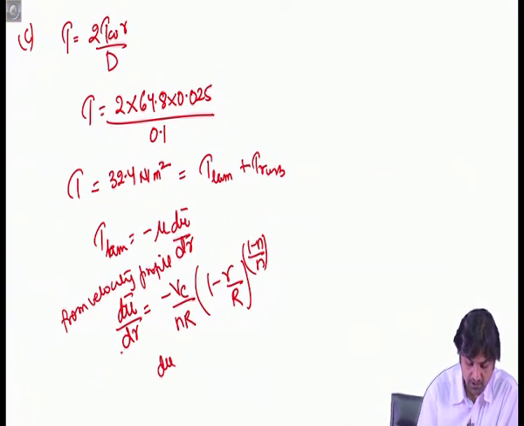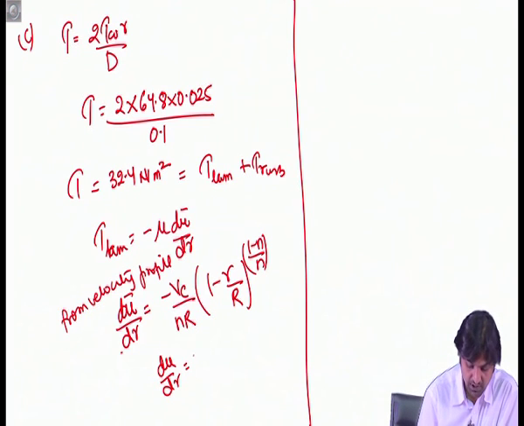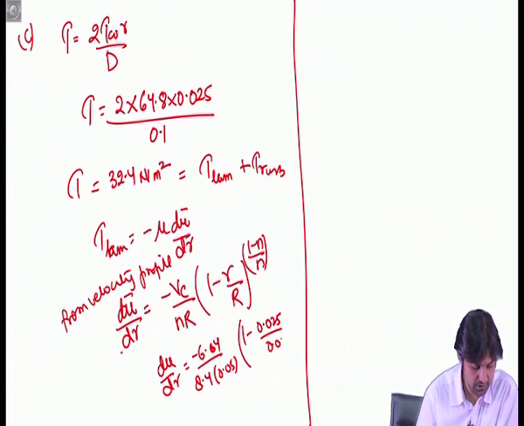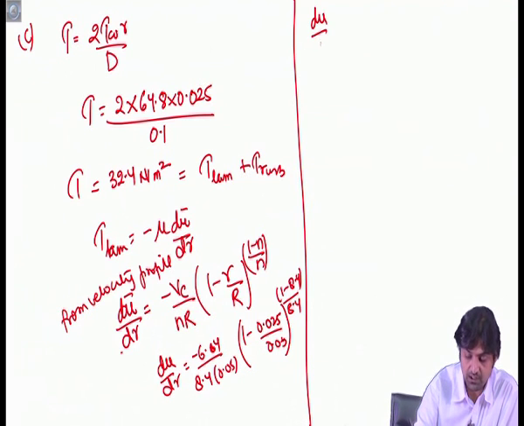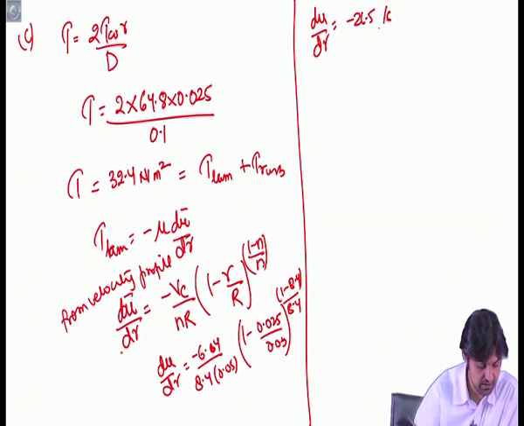So we will calculate du by dr. Vc we already calculated, and n we already found out from the curve, 8.4. So minus 6.04 by 8.4 into 0.05, into 1 minus 0.025, the radius was 0.05, to the power 1 by 8.4 minus 1. So du by dr is coming to be minus 26.5 per second.